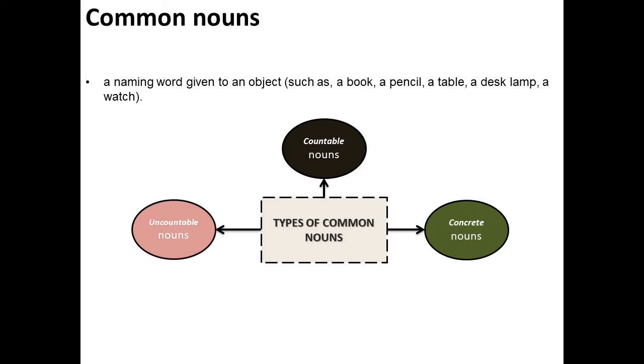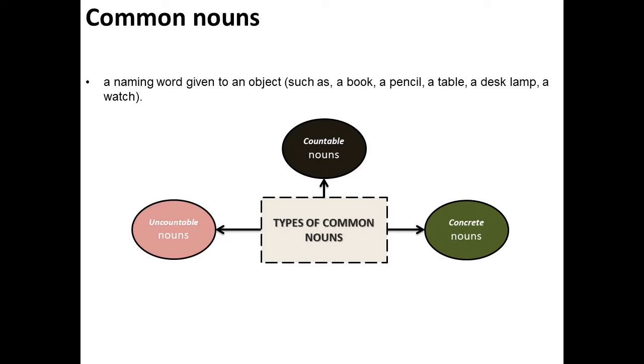Uncountable common nouns are the ones that cannot be counted. Right? Then concrete nouns are also distinguished as well. We're going to learn about this in detail when we get into aspects of common nouns.